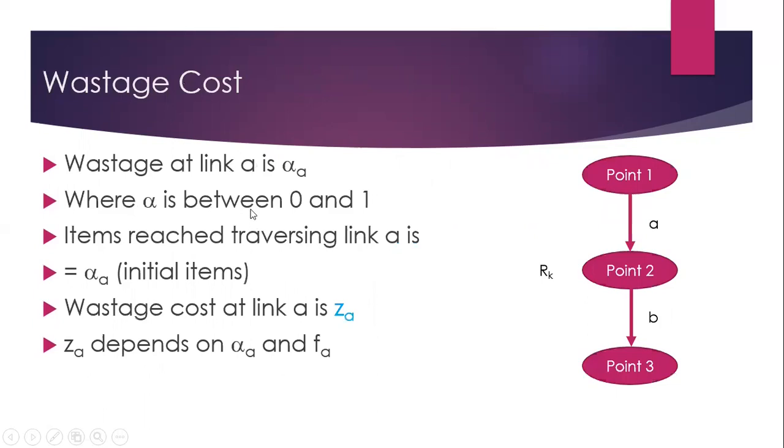Then let us see what the wastage cost is. If wastage at link A is alpha A, and wastage at this link is alpha B, where alpha is between 0 and 1, that is, it is in the form of a fraction. So items reached traversing link A is alpha A multiplied by initial items, because alpha is in the form of a fraction. If wastage cost is represented by ZA, then ZA depends on alpha A and FA.